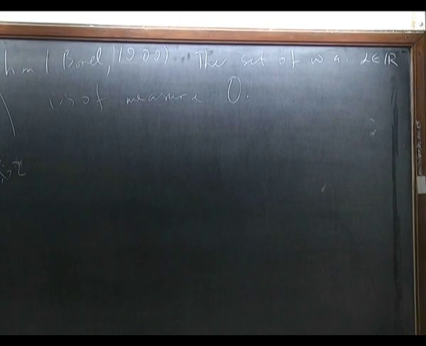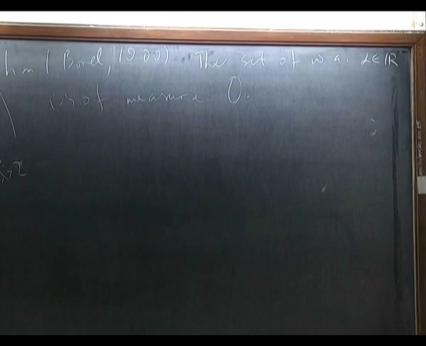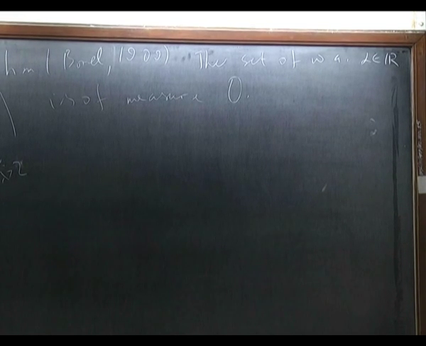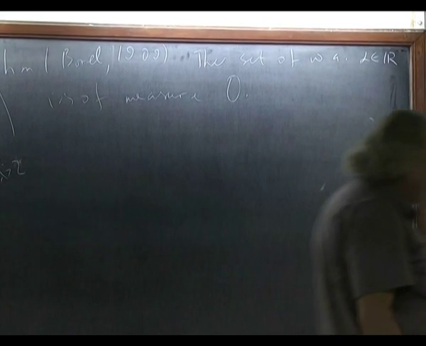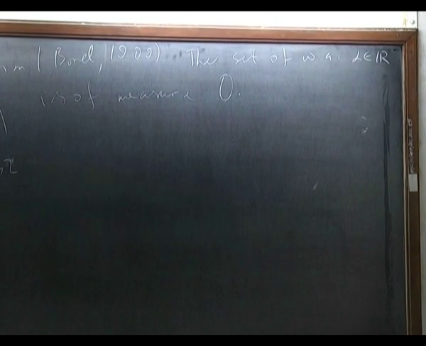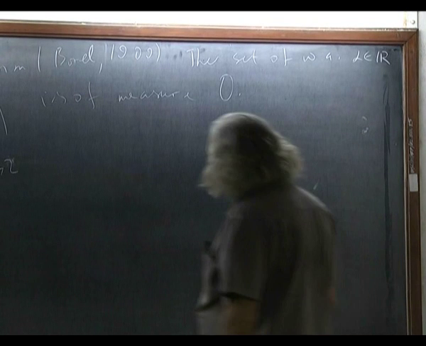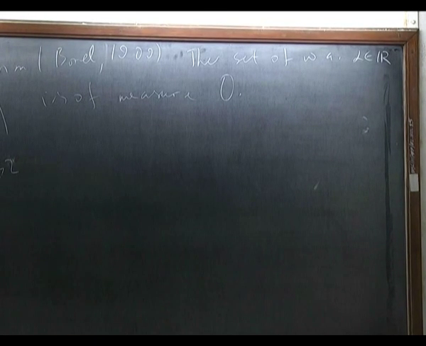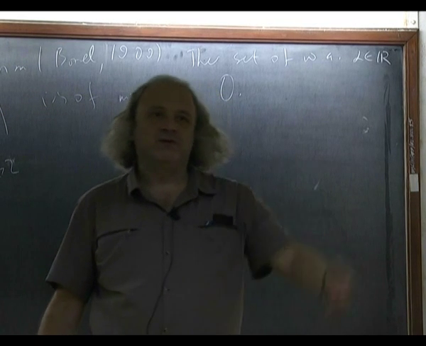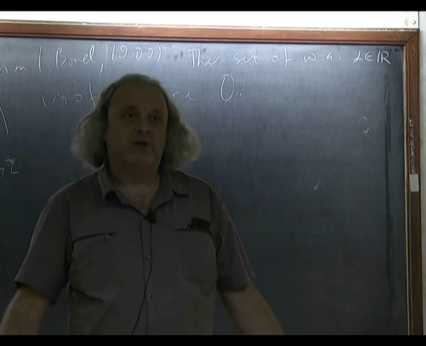In the sense of Baire category, it is big. But from the sense of Lebesgue measure, it is small. I think from the sense of Baire category, its complement is of small Baire category.